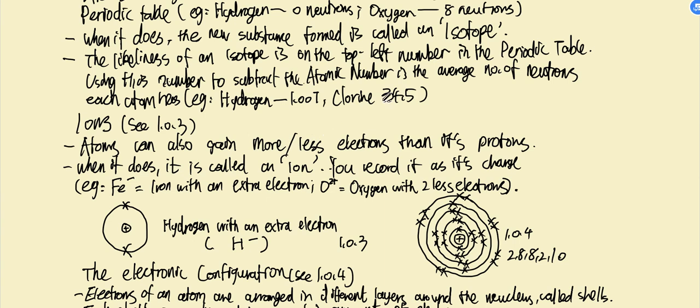If you added an electron to a nitrogen atom, it would have 8 electrons and 7 protons. It can exist, and that's how nitrogen ions exist. If it has 8 electrons, it has a negative charge. We record it as nitrogen minus. If it has 9, it'll be nitrogen 2 minus. It's not minus 2, it's nitrogen 2 minus.